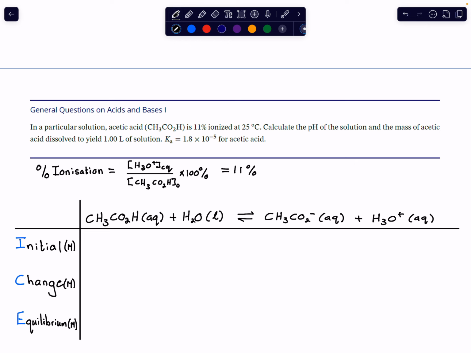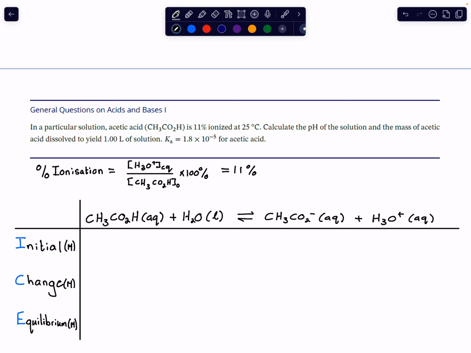Now, the only way to determine equilibrium concentrations is by using an ICE table. So I've gone ahead and drawn out the ICE table for us, and of course we're looking at acetic acid. Acetic acid will react with water to form an equilibrium with the acetate anion and hydronium. Because it's an acid, it protonates the water, forming hydronium.